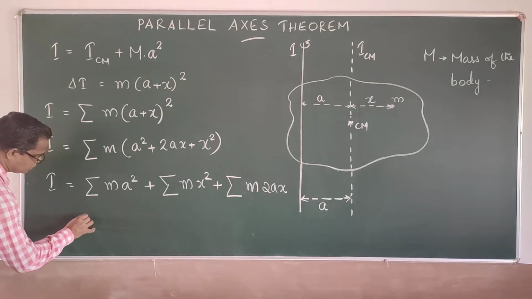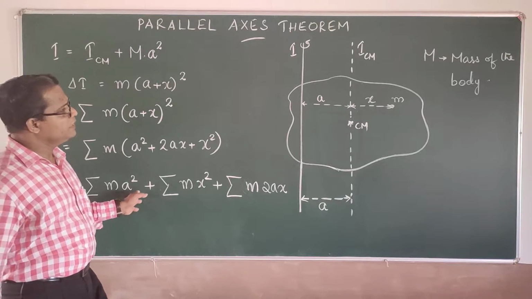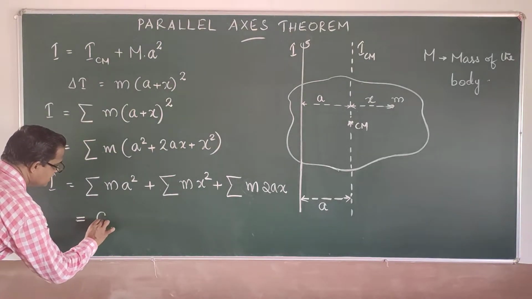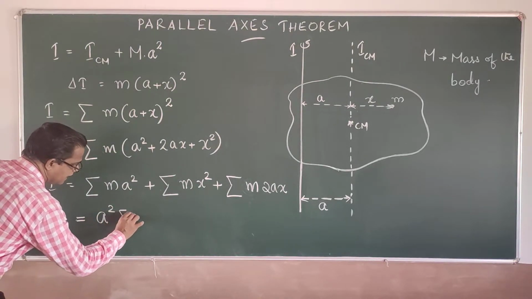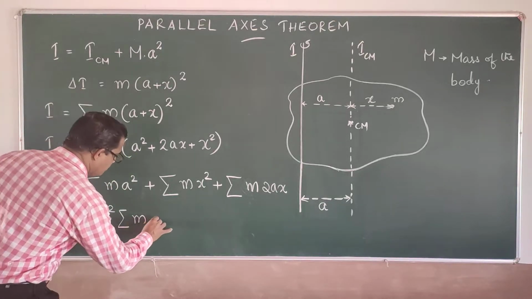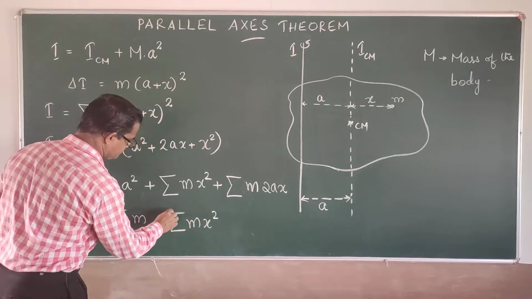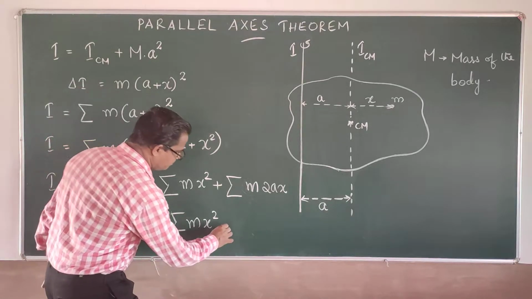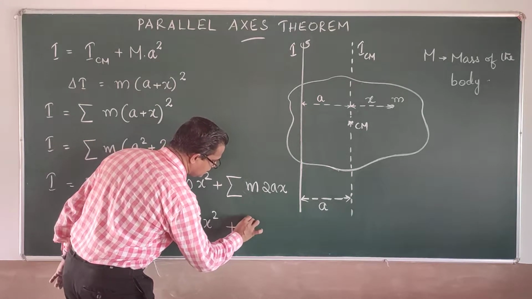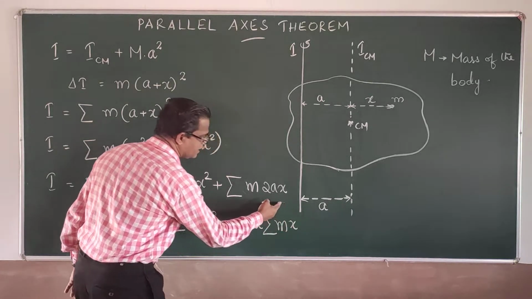Now this will be equal to, see, in m into a square, a is constant here, and therefore I can write this as a square into sum over m, because a is constant, the distance between the parallel axes, plus sum over m into x square, plus 0, because the 0 is coming, let's take it like this, that 2a into sum over mx. This is what I can write here.